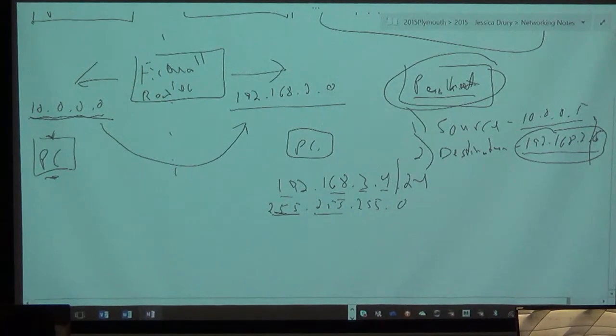When I want to know what the network address is, or the PC wants to know the network address, it compares the subnet mask to the IP address and says where the ones end, which in this case is 255.255.255.0. Where the ones end, the network address ends. So what is the network address for this, Miguel?